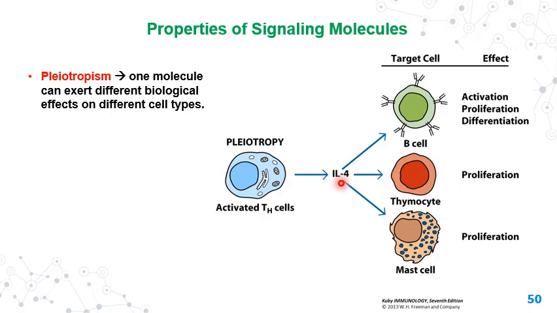That's it, nothing else. And then when you look at another immune cell, a mast cell, the receptor here is going to tell this cell to also proliferate, but it's a different type of cell, even a different type of receptor. So when you have one thing that is doing different things depending on the cell type, you call this type of signaling pleiotropism. Pleiotropism is when one molecule can tell different cells different things to do.